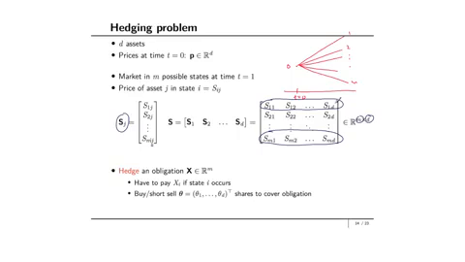At time 0, I know the price. At time 1, which is when the market opens again, I don't know the price. It's uncertain. It's going to be in one of m possible states, but if the state is given to me, I know what the prices are. Now, you might think that this is a very simple representation of the market, and indeed it is.